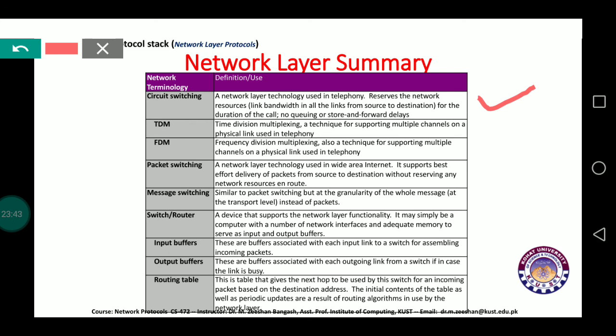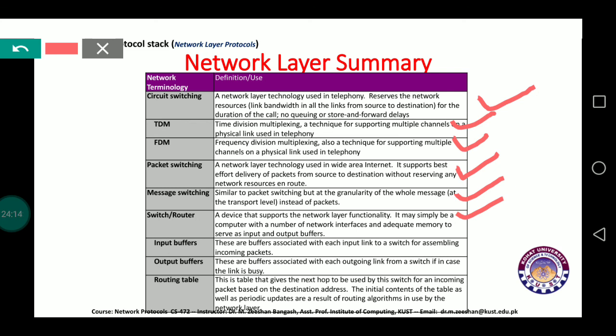Similarly, for multiplexing, we already know from previous knowledge that TDM and FDM are techniques for supporting multiple channels on a physical link, used basically in digital telephony. Similarly, packet switching, we already talked about in the previous diagram, how the message is routed from one node to another towards the destination. And for message switching, similarly, the router operation is the functionality of this layer.